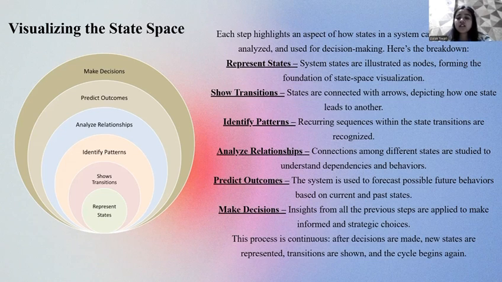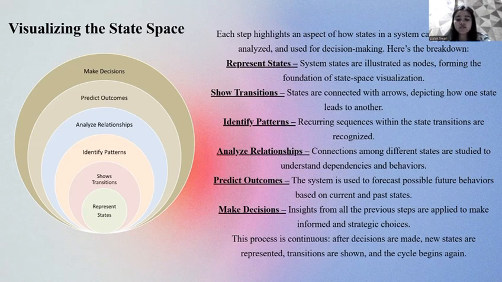Identifying patterns: recurring sequences within the state transitions are recognized. Analyze relationships: connections among different states are studied to understand dependencies and behaviors. Predict outcomes: the system is used to forecast possible future behaviors based on current and past states. Make decisions: insights from all the previous steps are applied to make informed and strategic choices.